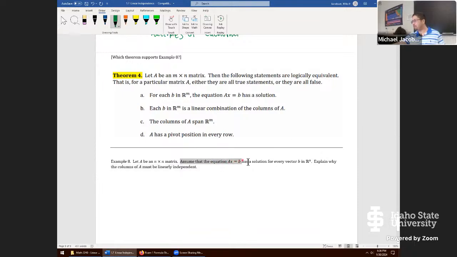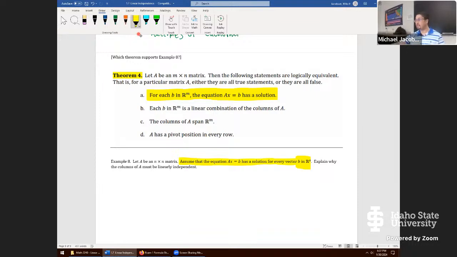Assume that the equation Ax equals b has a solution for every vector b in Rn. That's a heck of a statement, but that's just a rewording of that statement. For every vector b in Rm, Ax equals b has a solution. So those two line up.